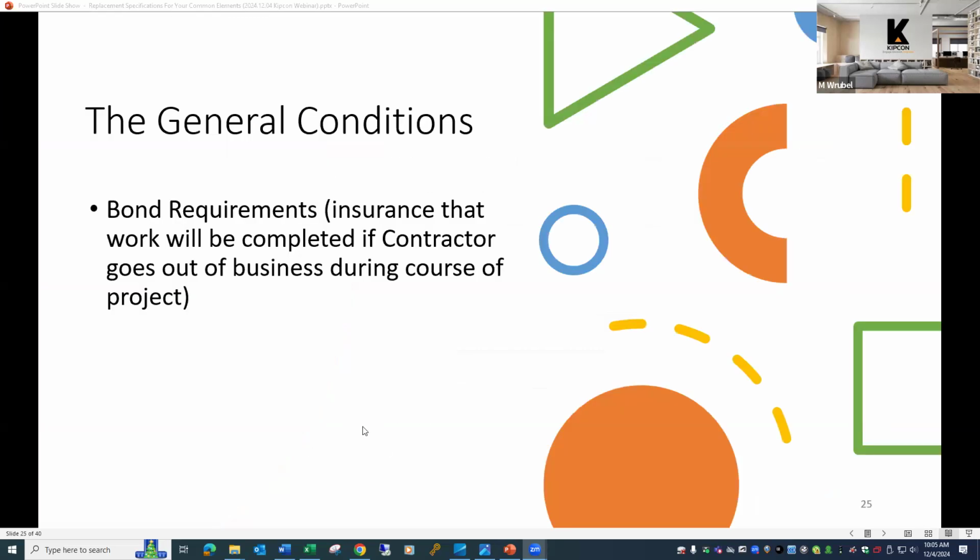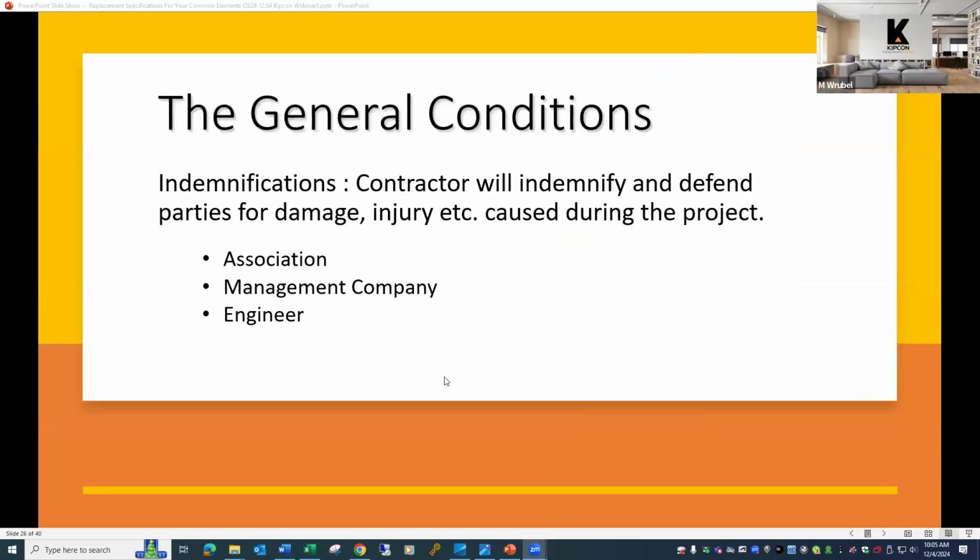We discussed bond requirements. Indemnifications, we discussed those. If somebody were to be hurt on site, whether it is the engineer, the contractor, or a resident, what happens in those cases? And the terms of indemnification should be clearly defined.